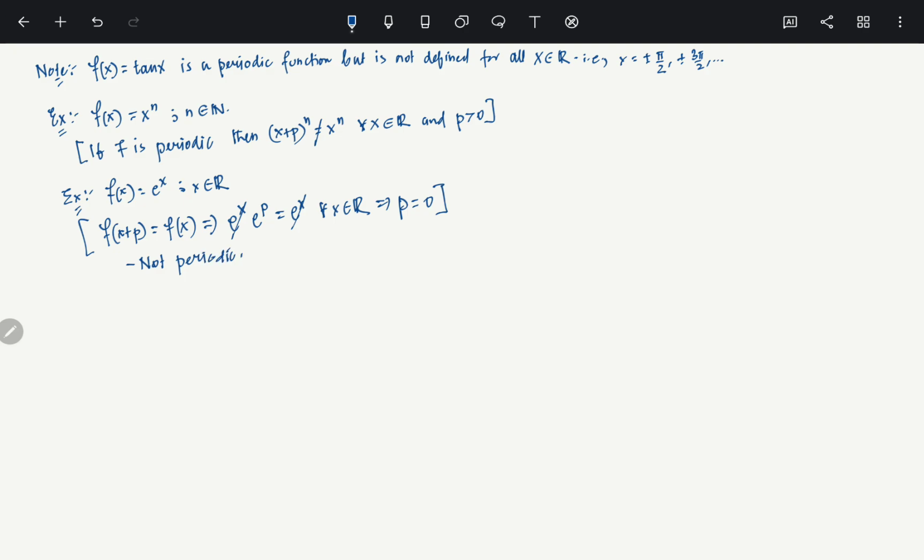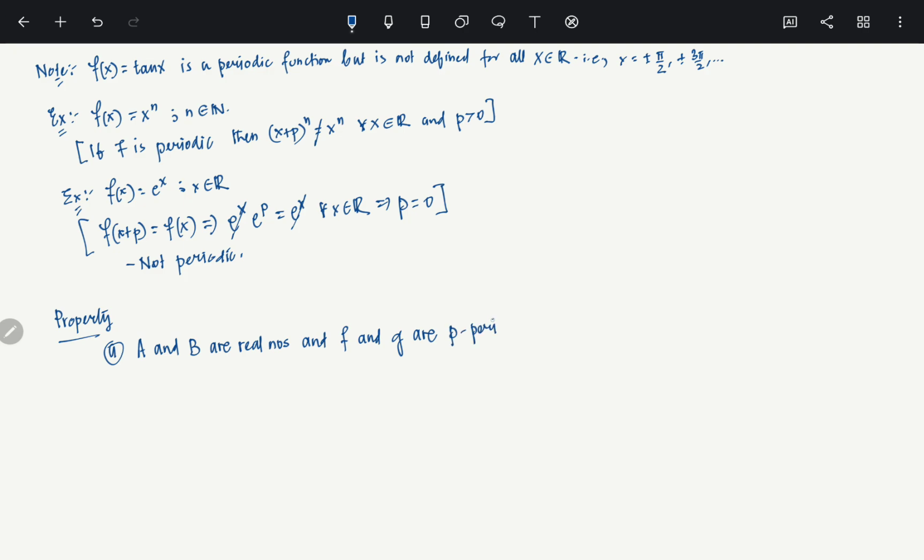Okay, right. So with that being taken care of, let's look at some more properties of periodic functions. Property A: let's say that A and B are real numbers, and f and g are p-periodic.